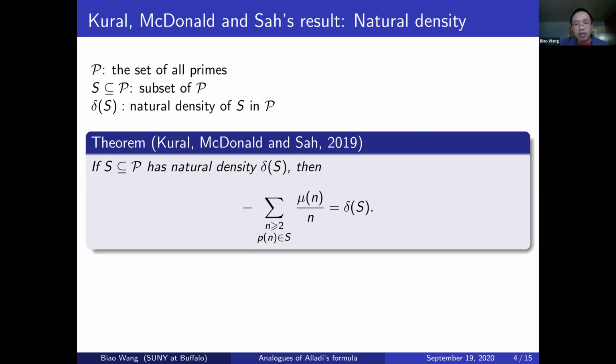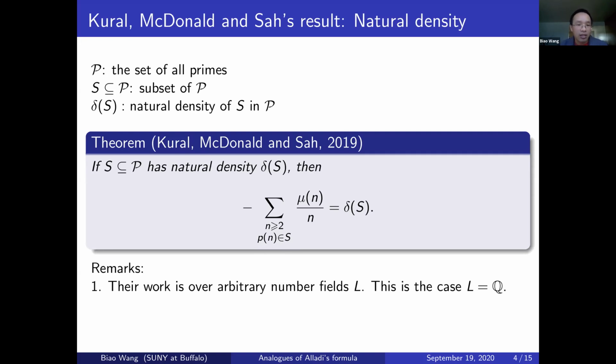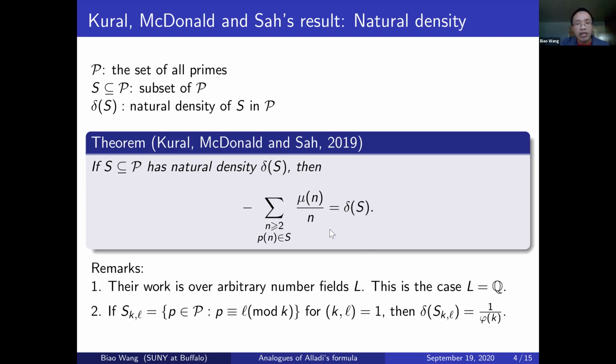So here are some remarks. First, their work is actually over arbitrary number fields. Here I just write down the case for the rational field. Second, if we take S as an arithmetic progression, then we will get the lattice formula.